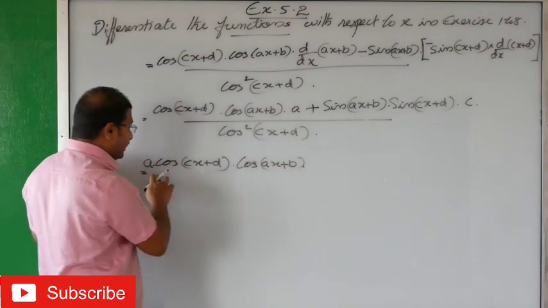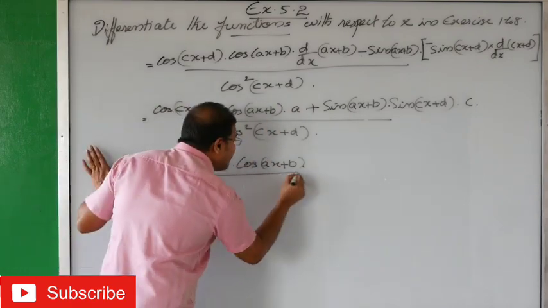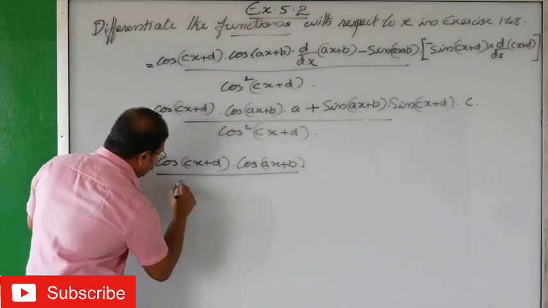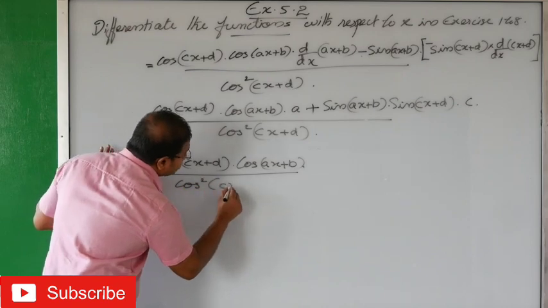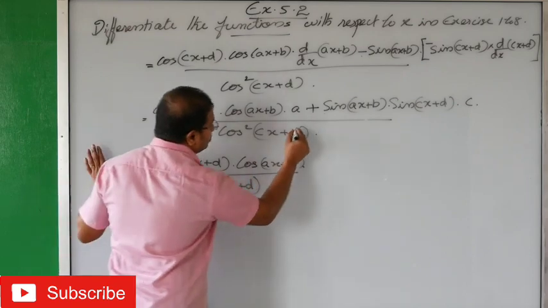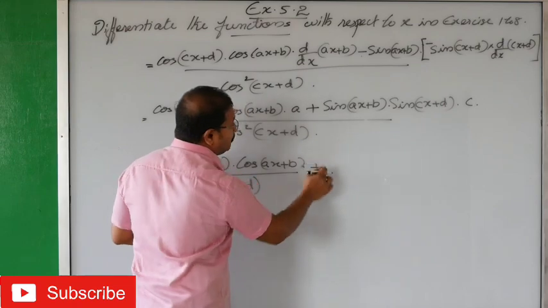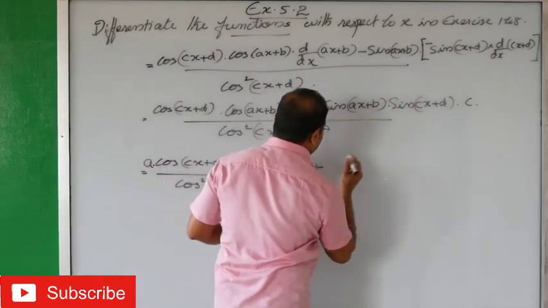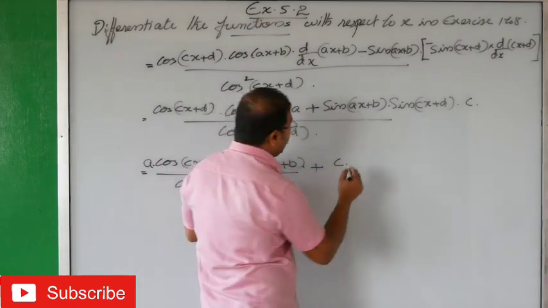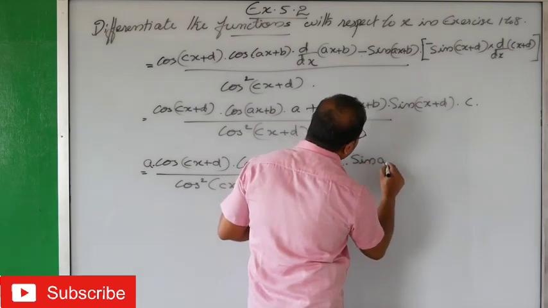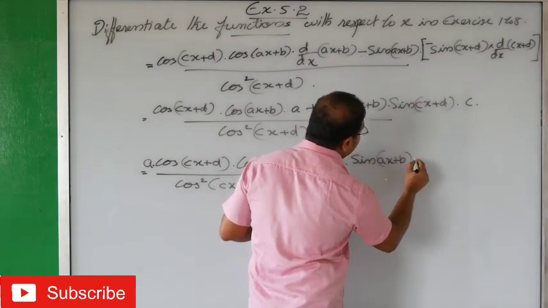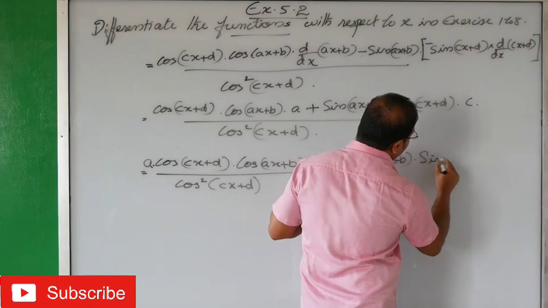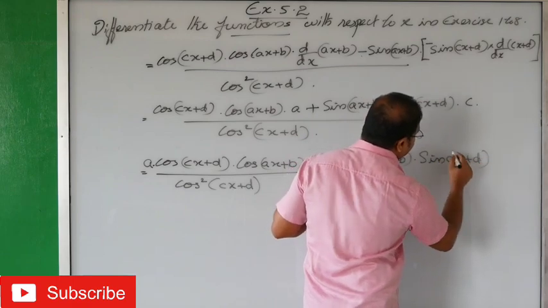That a we wrote in the beginning. Divided by separating the denominator. So cos square cx plus d, plus the sign plus. Now c will write in the beginning. C into sin ax plus b into sin cx plus d.